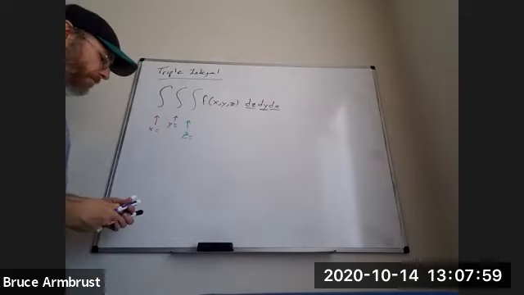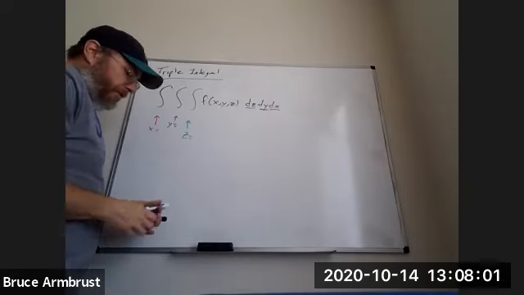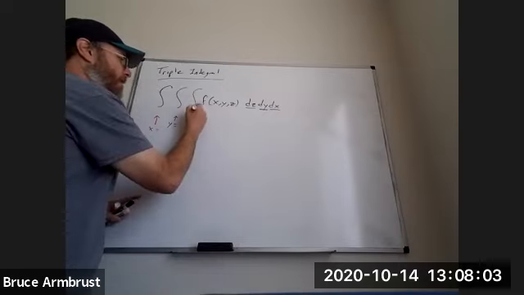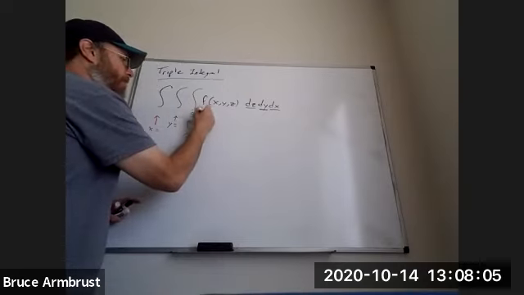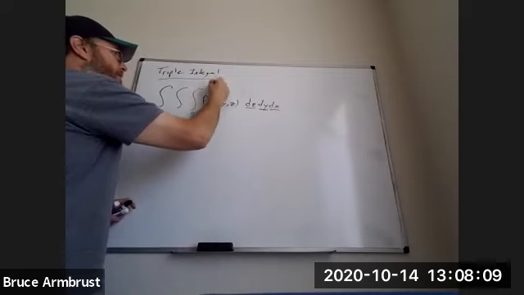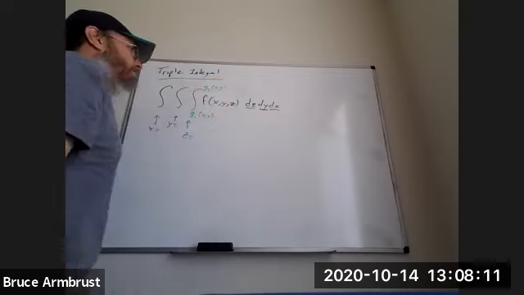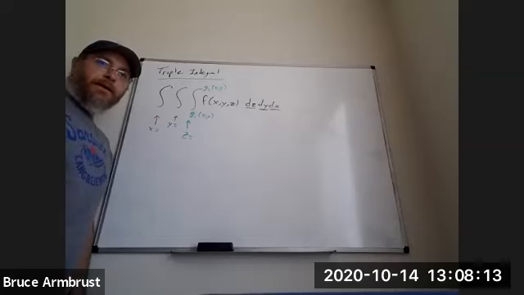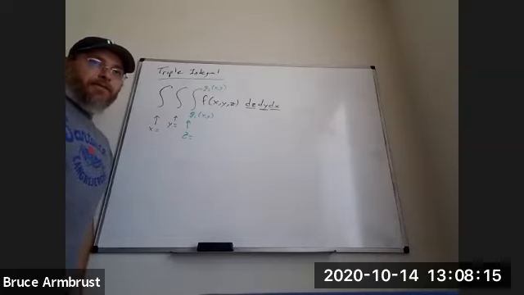So these innermost bounds are going to be multivariable functions. I'm going to call them g1 of x comma y and g2 of x, y. So g will be the name of those functions, and we'll have g1 and g2 as our 2 different bounds.